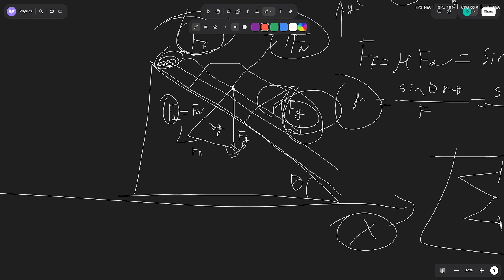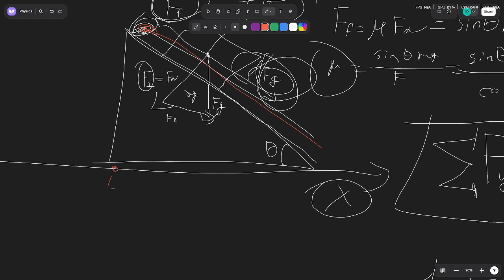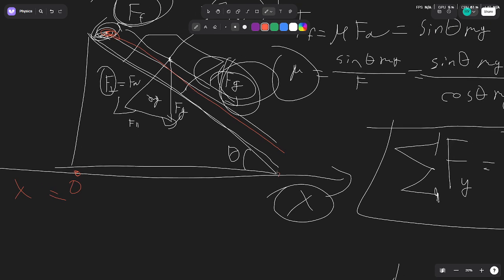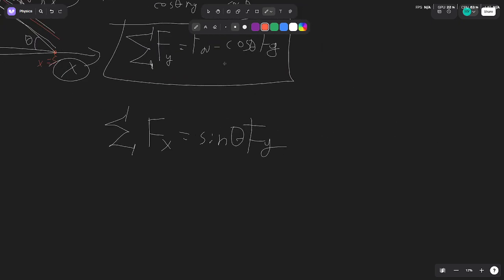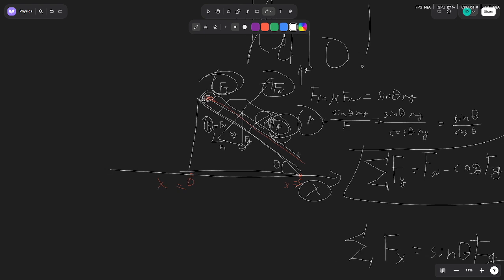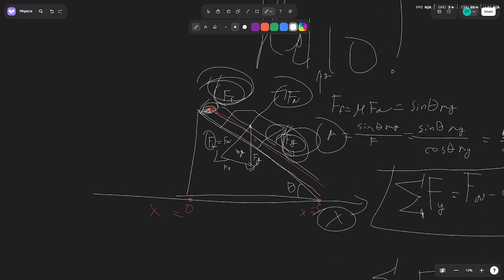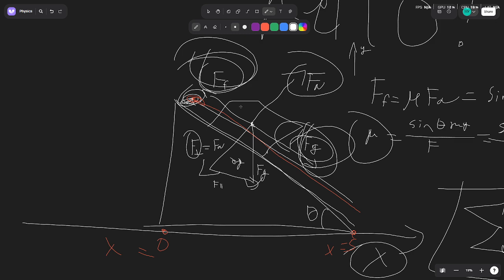Let me use another color. It was here. It goes down, right? So it was at 0, and it goes down, and eventually will be at x equal to 5, right? So it changed. That's why we use Fg here also. Minus the force of friction. Again, because this is the opposite force, and it is caused by the contact of the box with some surface. In our case, it's a ramp.